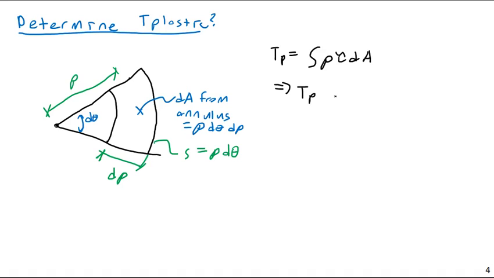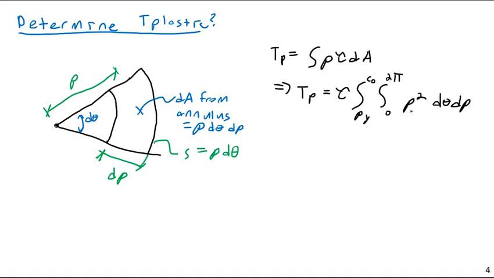The plastic torque is equal to tau, which will be a constant, integrated from rho yield to the outer radius, integrated from 0 to 2 pi of rho squared d theta d rho.